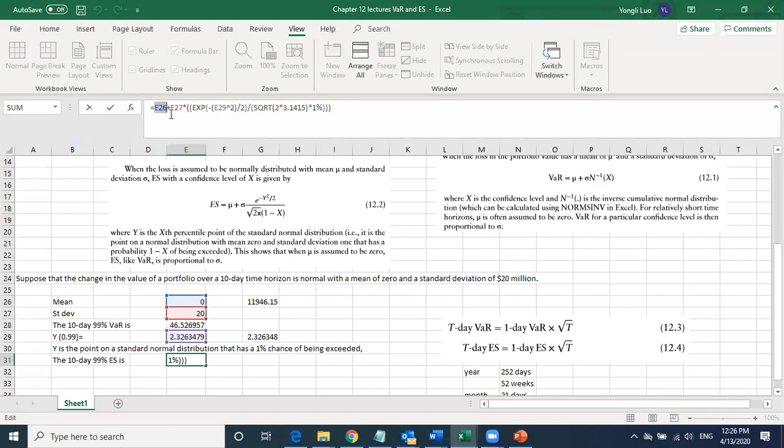And this is your standard deviation times the exponential raised to the power of negative, you need to square that, and put another parenthesis, and this is divided by 2, and that's this part. Very easy to get wrong.